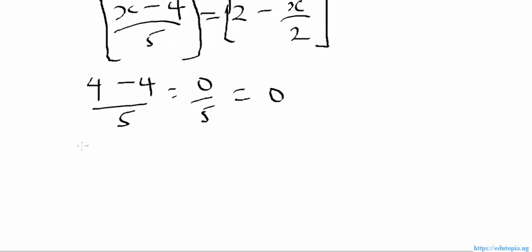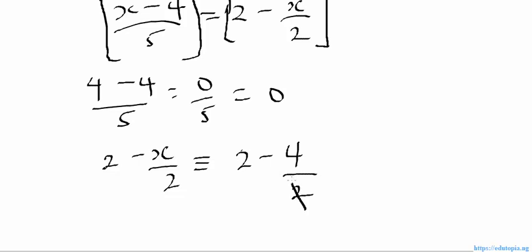Remember x is 4, so we have 2 minus 4 over 2. 4 over 2 is 2, so we have 2 minus 2, which is equal to 0.